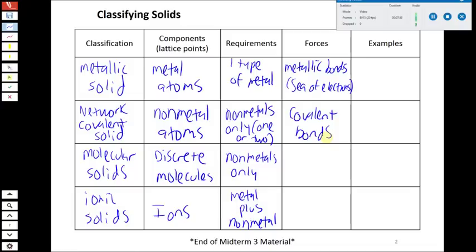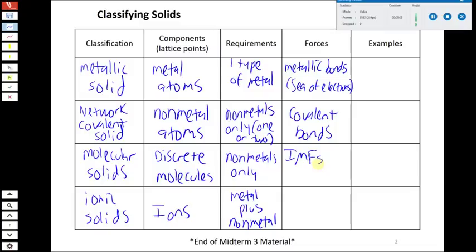For molecular solids, it's a little bit different. We have covalent bonds that hold the molecules together. Those are the intramolecular forces. But the only thing holding the molecules in place in the crystal would be the intermolecular forces. These are going to be dispersion forces if it's a nonpolar molecule, dipole-dipole forces if it's a polar molecule, or hydrogen bonds if it's something with OH or NH bonds in particular.